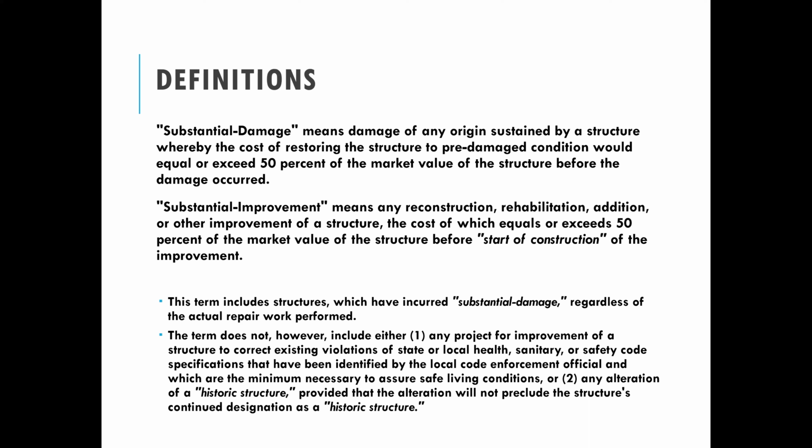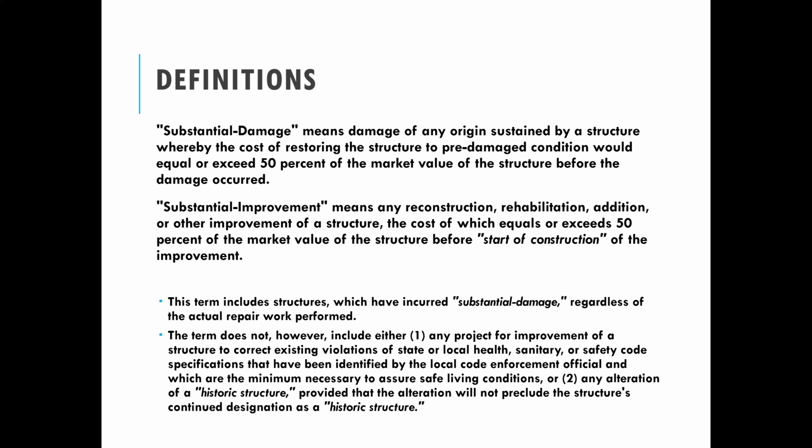And so some communities have adopted cumulative improvement, which means we're counting 50% over 5 years or maybe even 10 years. Or there can be a lower threshold. Some communities have adopted maybe 30% instead of 50%. And so FEMA encourages stronger regulations, higher than the NFIP minimums.